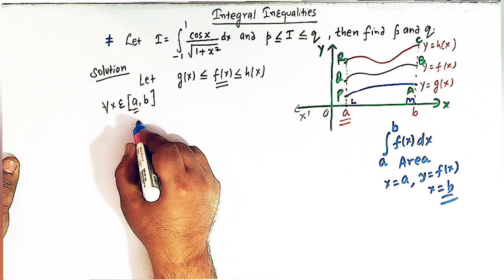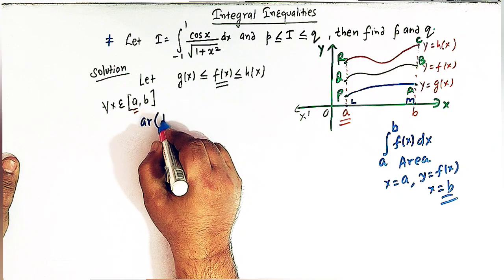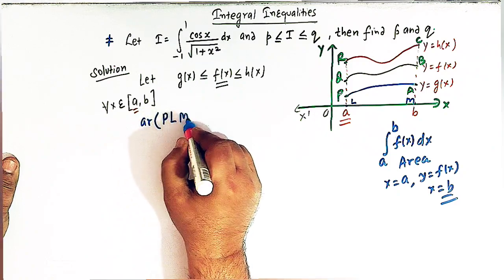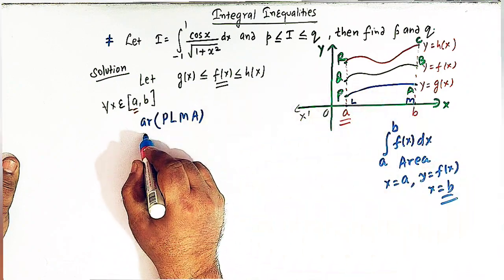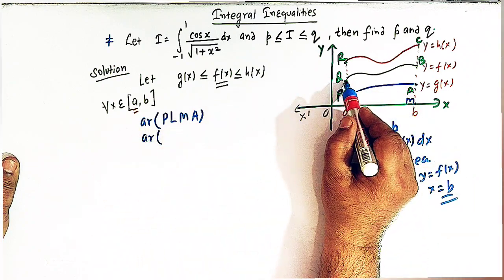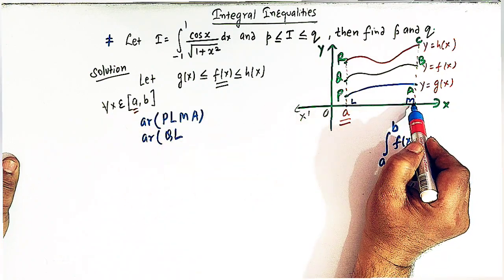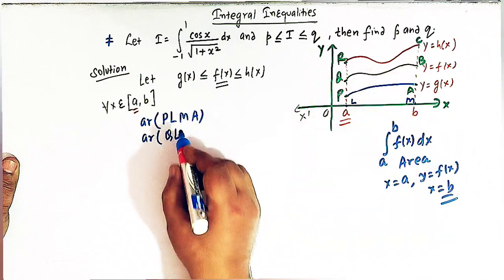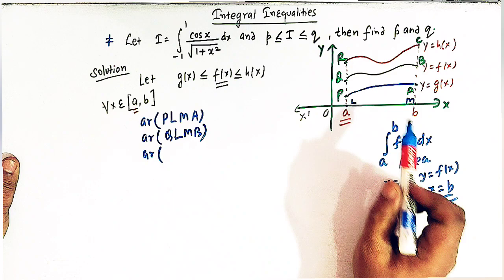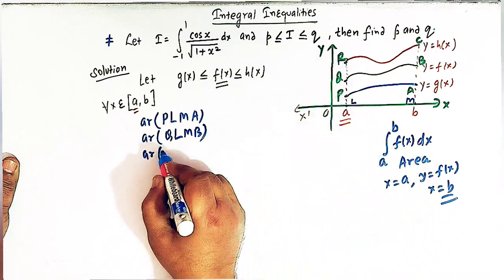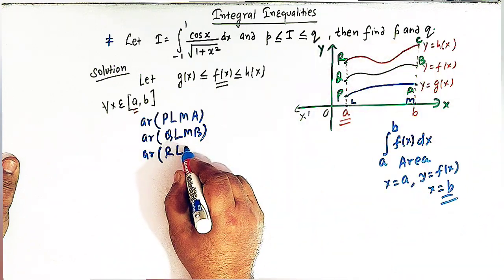The first one is P, L, M, A. Then we have the area Q, L, M, B. And the third area is R, L, M, C, right?